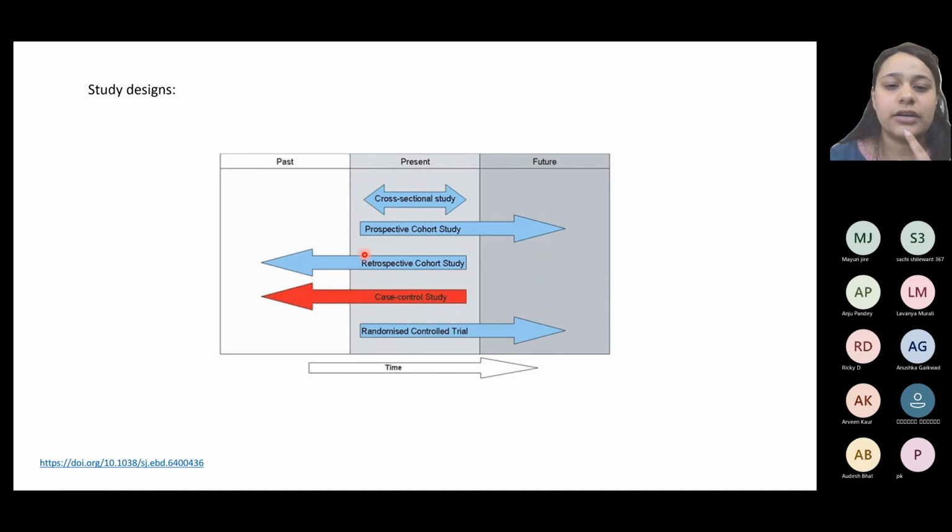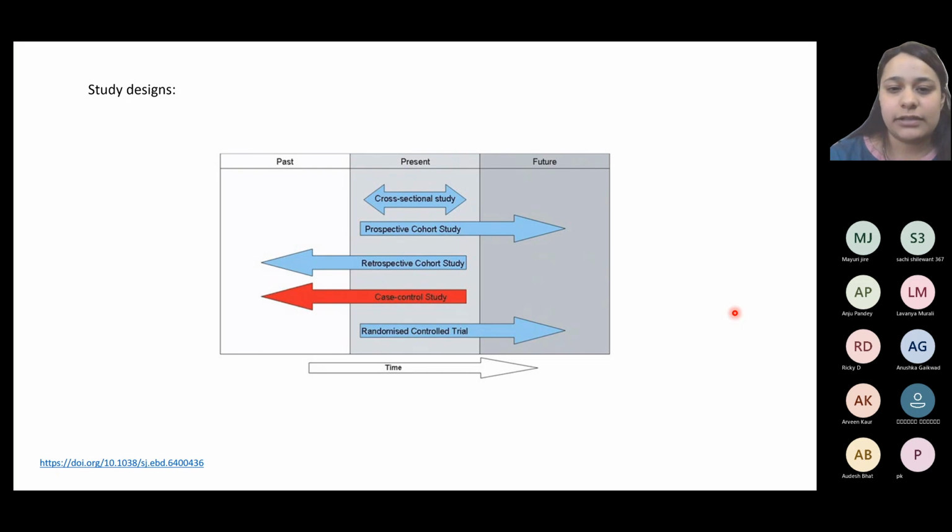The arrow and where it is lying represents what aspect is being studied. For example, in a retrospective cohort study, only present and past are being studied. In a case control study, only present and past are being studied. Why is this so? We will understand when we discuss these study designs individually, right?